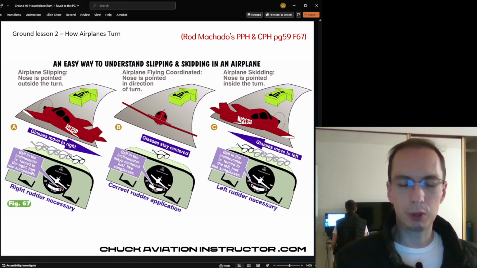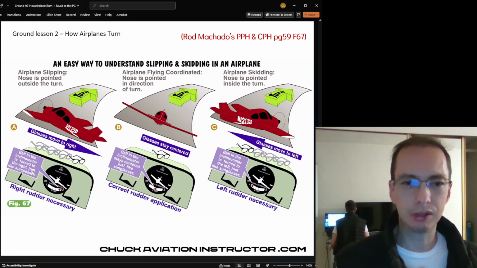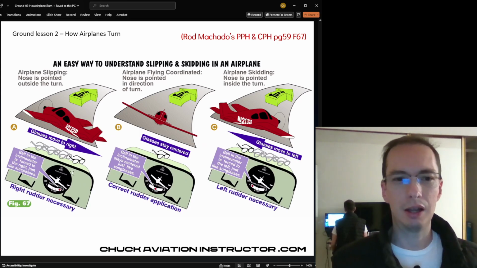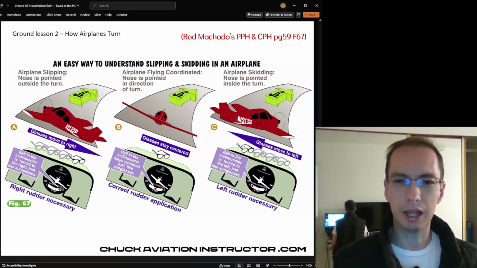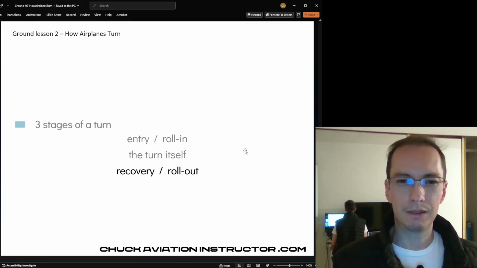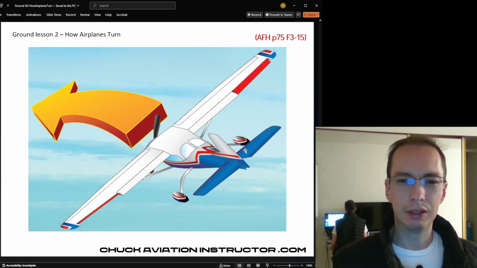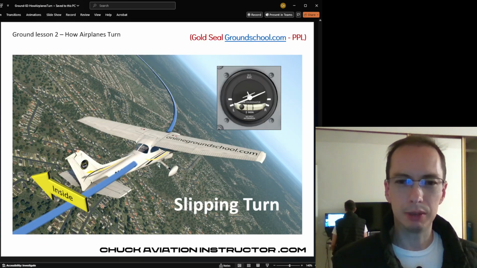And if you trust your seat of the pants, you can sense and anticipate that the glasses are gonna start moving towards the inside of the turn. And the same happens when you sense that the glasses are gonna start moving towards the outside of the turn. So when you're rolling in, you're gonna tend to slip.